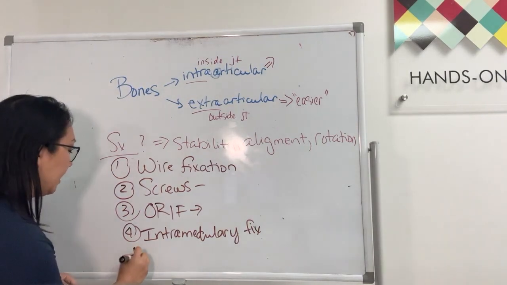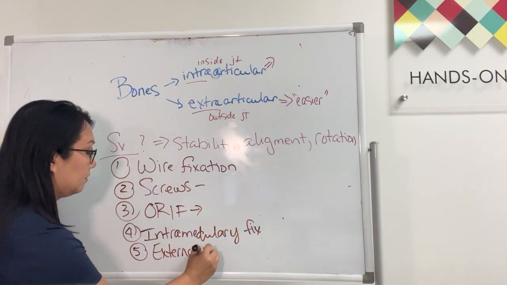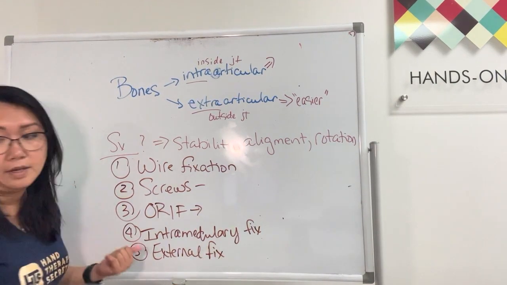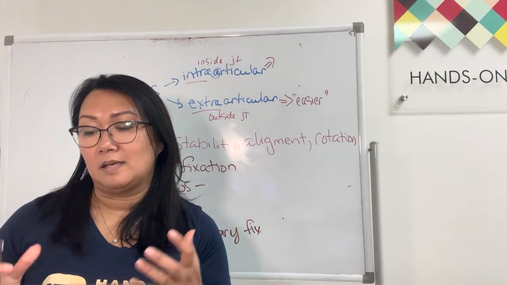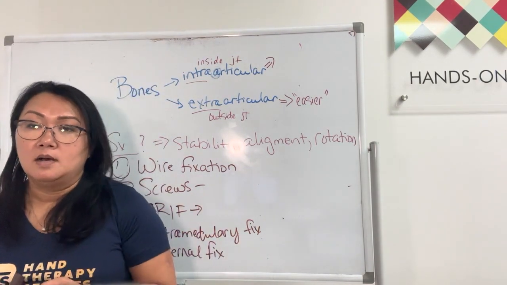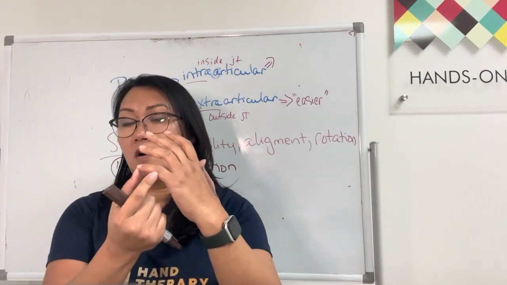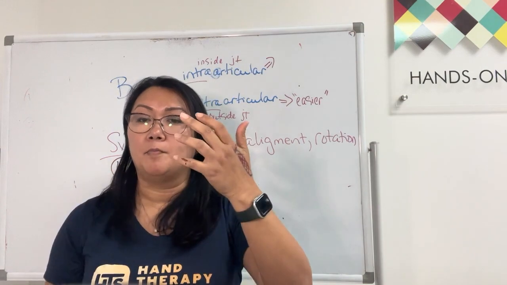And then the fifth one is external fixators. External fixators tend to be used when all else cannot stabilize and fix the problem and provides temporary distraction of the fracture site. Unfortunately, I've seen it in small fingers for P2 types of fractures, and they're terrible.